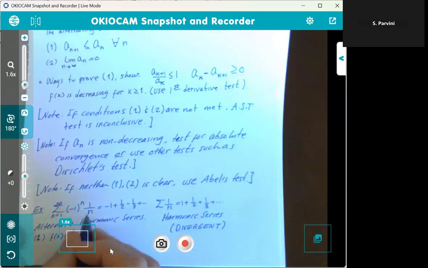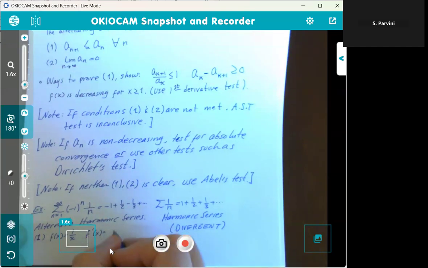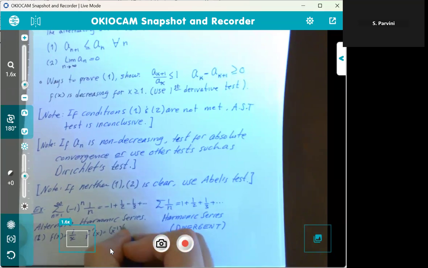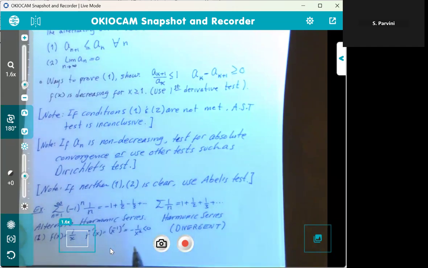So if the function is 1 over x, then the derivative f prime of x is going to be negative 1 over x squared. And you can see that this expression is always negative because x squared is positive, so a negative of a positive fraction is always negative. Therefore, we know that the function f of x is decreasing, and that satisfies item 1.